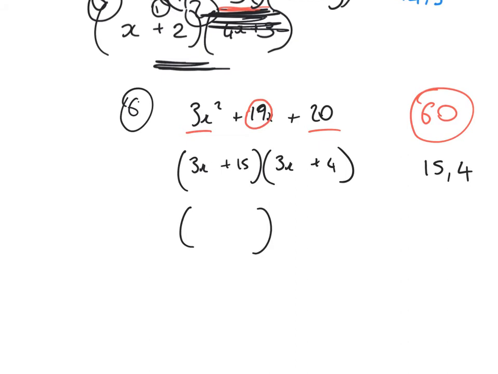First bracket, can I factorise further? Yeah, I can take out a common factor of 3. 3 into 3x goes x, and 3 into 15 goes 5. Second bracket, from 3x plus 4, there's no highest common factor to take out, so that's the final answer: (x plus 5)(3x plus 4).